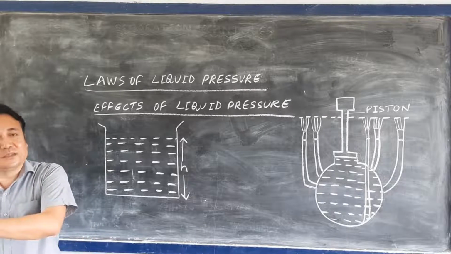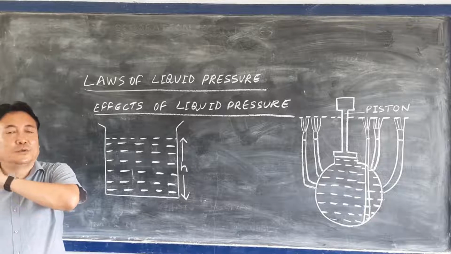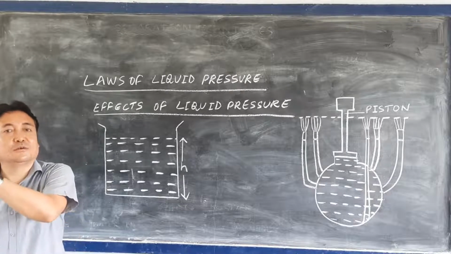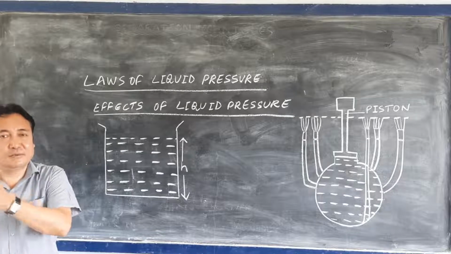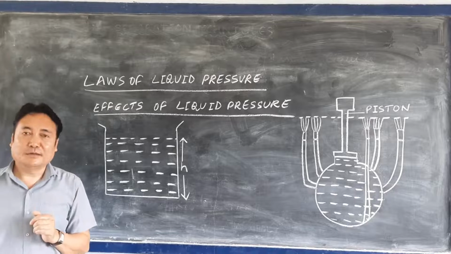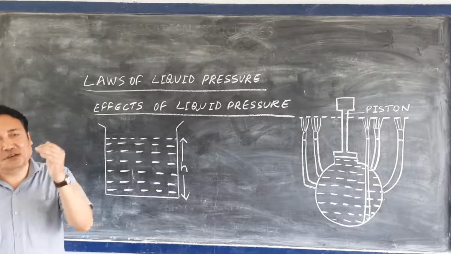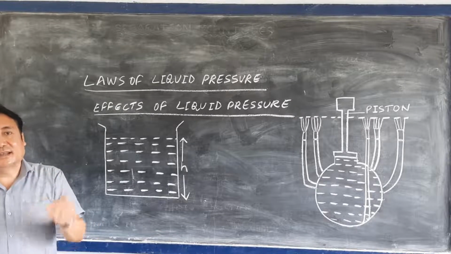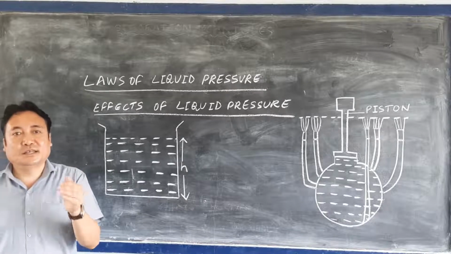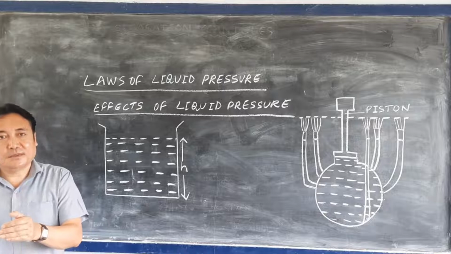In the second vessel you have filled more water, up to the neck of the vessel. The level of the water is more, so in the second vessel the pressure will be more.